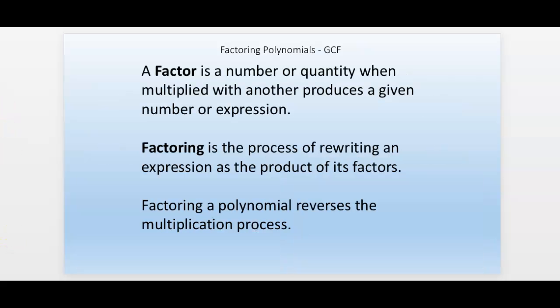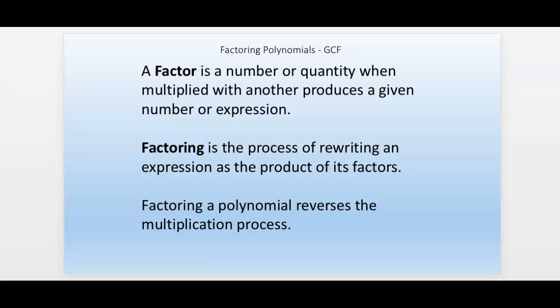A factor is a number or a quantity that, when multiplied with another, produces a given number or expression. A factor is like a couple of numbers you multiply together to get another number. Those are the factors of the number you end up with. Factoring itself is the process of rewriting the expression as the product of those factors.